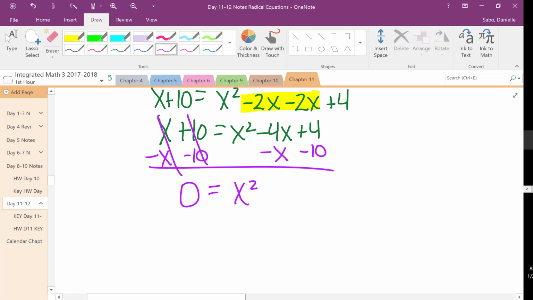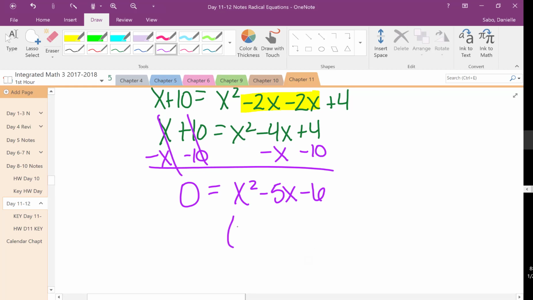Negative 4x minus x. Yeah, negative 5x. I ask you that because sometimes when we work with negatives, we get a little confused. What's 4 minus 10? Negative 6. Now here's where you might want to go off to the side, or if you know right away, great. You're asking yourself what multiplies to negative 6 and adds to negative 5?